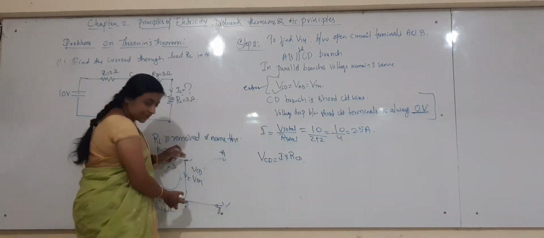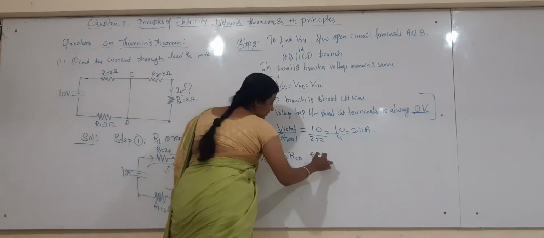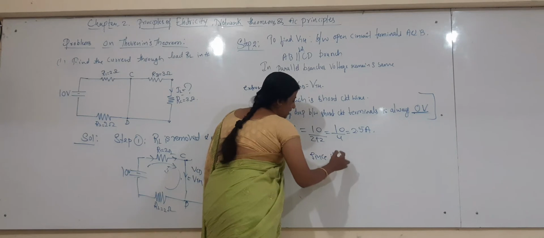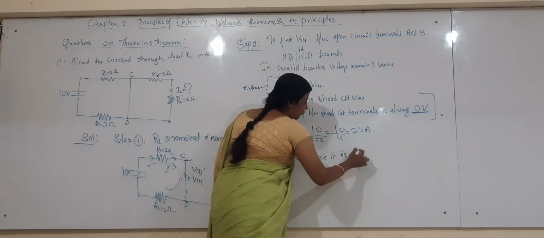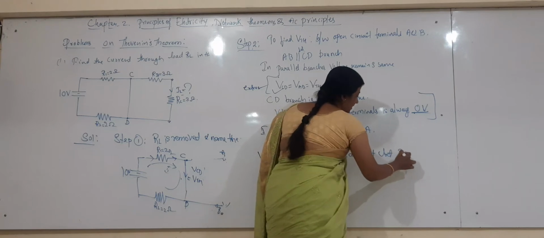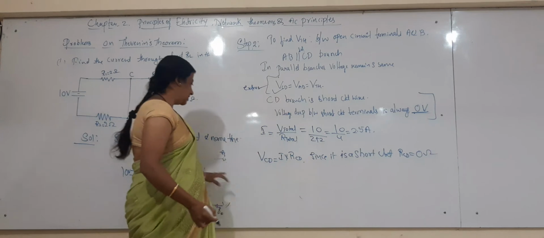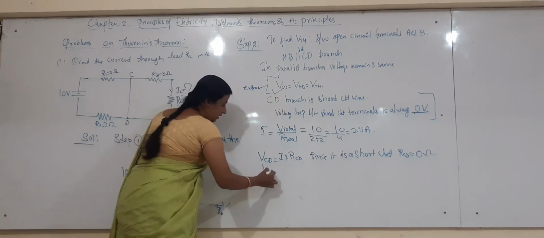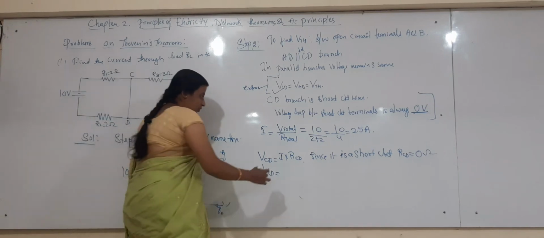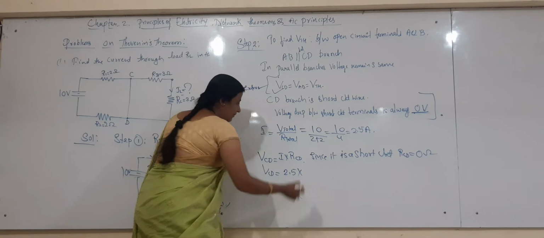Since it is a short circuit, the resistance is 0, so RCD is equal to 0 ohm. So the voltage drop across the C and D terminals is equal to the current we calculated, 2.5 ampere, into 0.